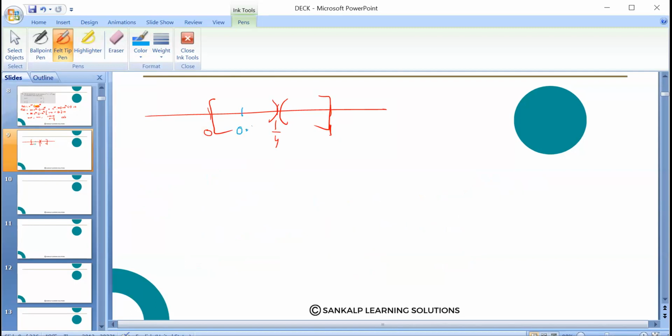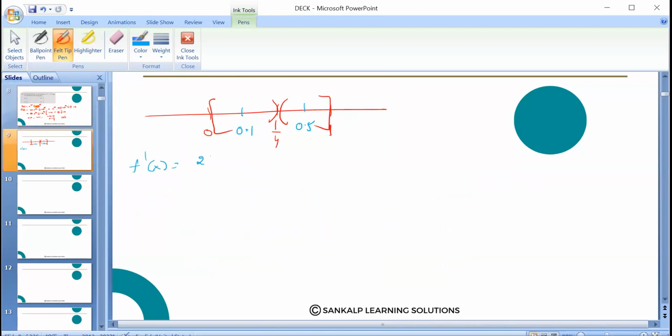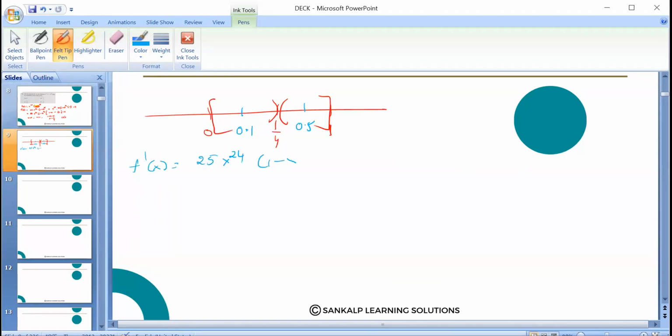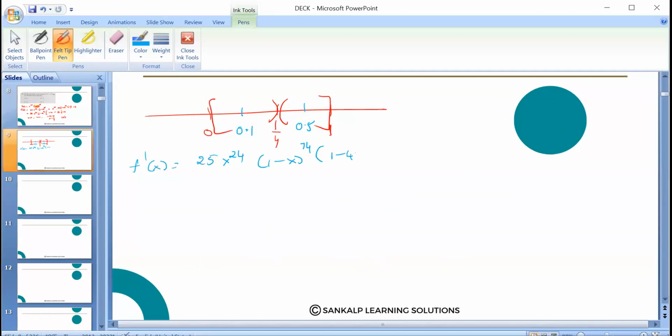You can select 0.1, you can select 0.5 and put it in the derivative. What is the derivative? 25x power 24, 1 minus x power 74, and 1 minus 4x.